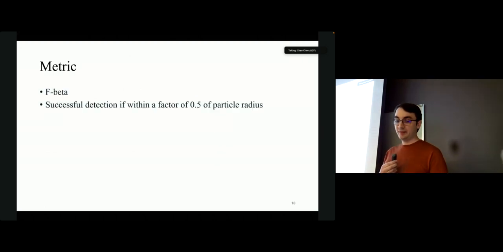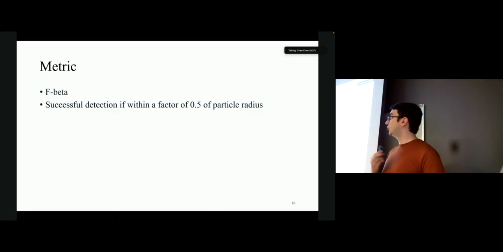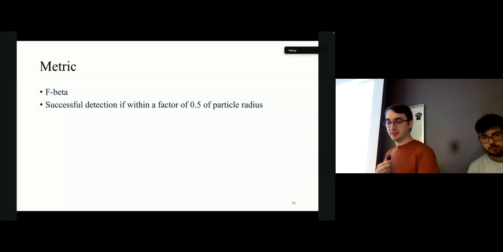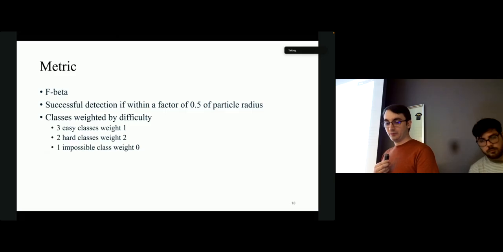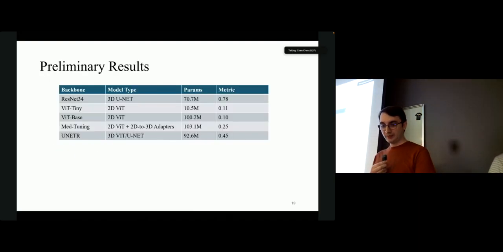We consider a detection successful if the detected coordinate is within half of the particle's radius. For some of the particles the radius is like 10, so it would need to be within 5 units to be considered a success. The classes in the dataset are weighted by difficulty: there are 3 easy classes with a weight of 1, and 2 difficult classes with a weight of 2.